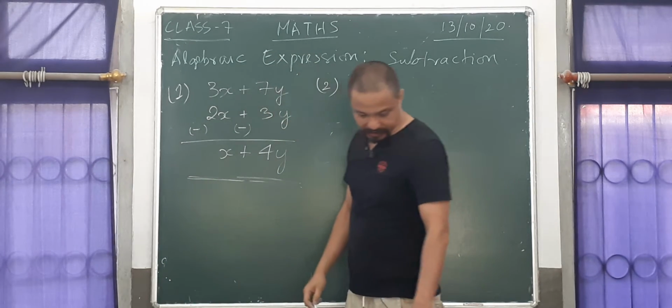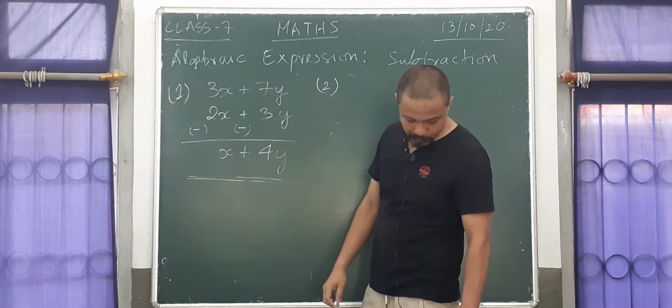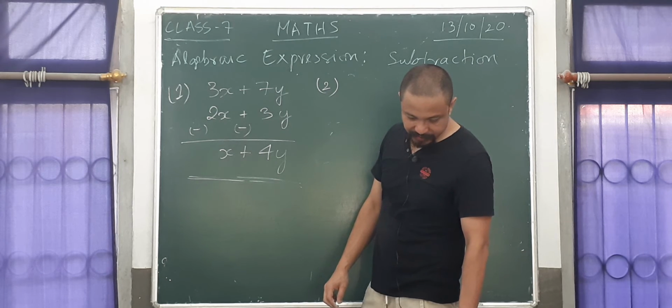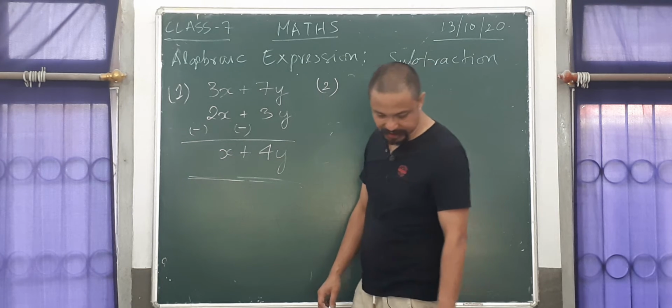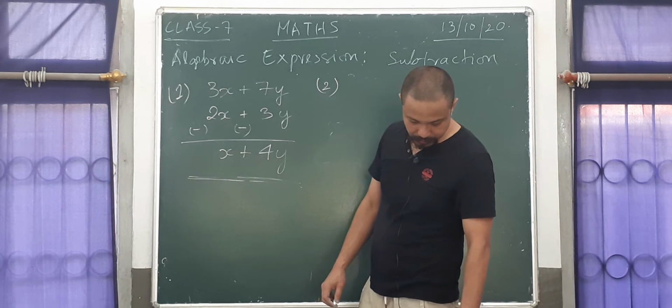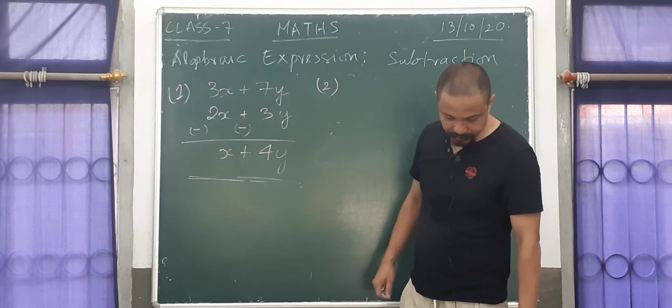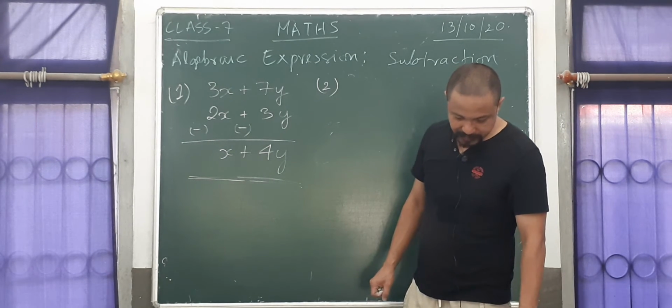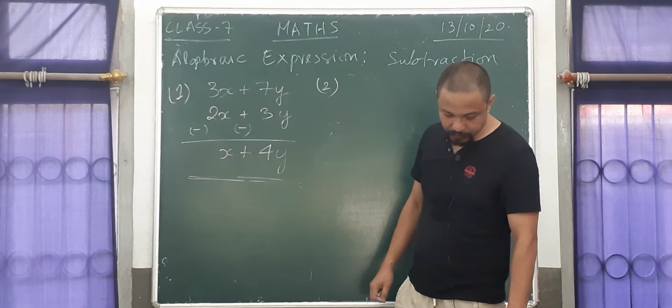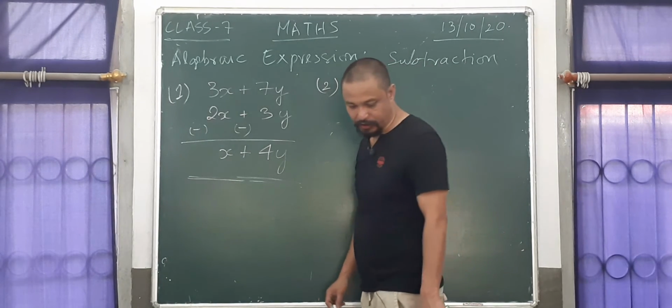Okay. Now the second example is subtract minus 2a plus b plus 4d from 4a minus 2b plus c. No, sorry, we are going to do the first one. The first one is subtract 5a minus 3b from 2a plus b minus 2.